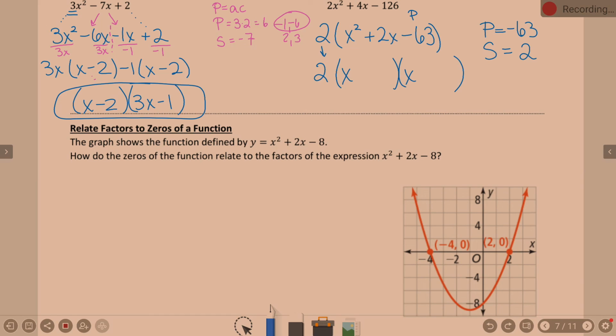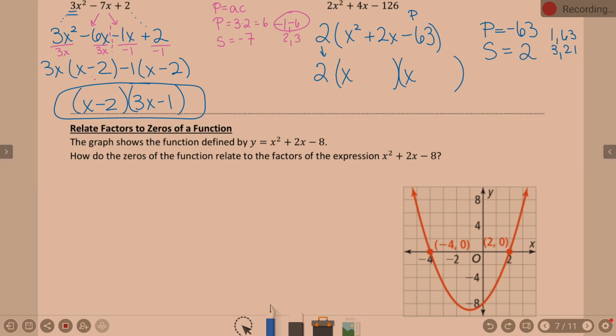If not, you're going to start trying them, right? 1 and 63. 2 and nothing, it's odd. 3 and 21. 4 and nothing. We can pretty much eliminate the evens because it didn't divide by 2, so all evens are out.